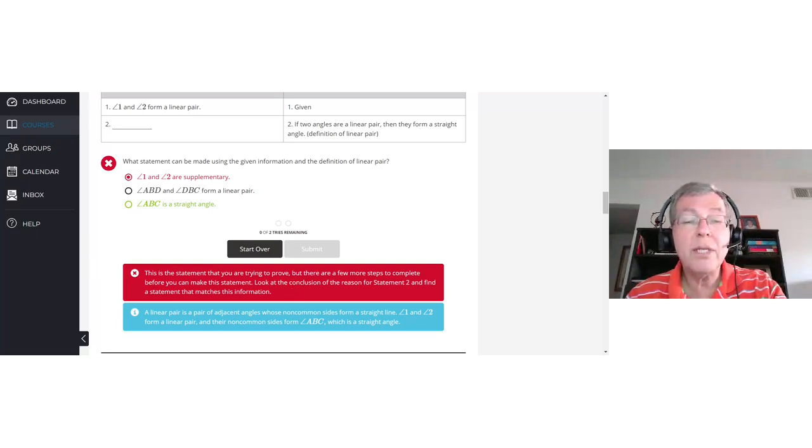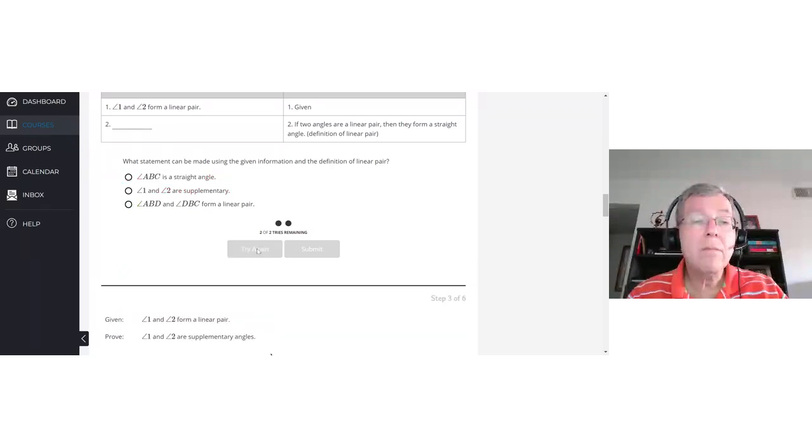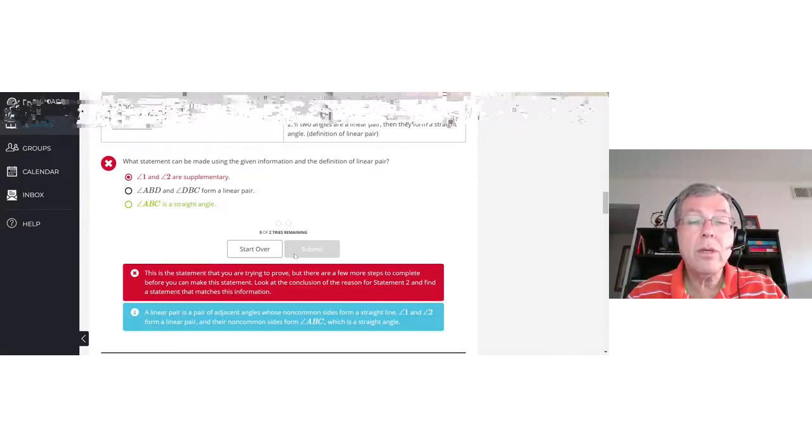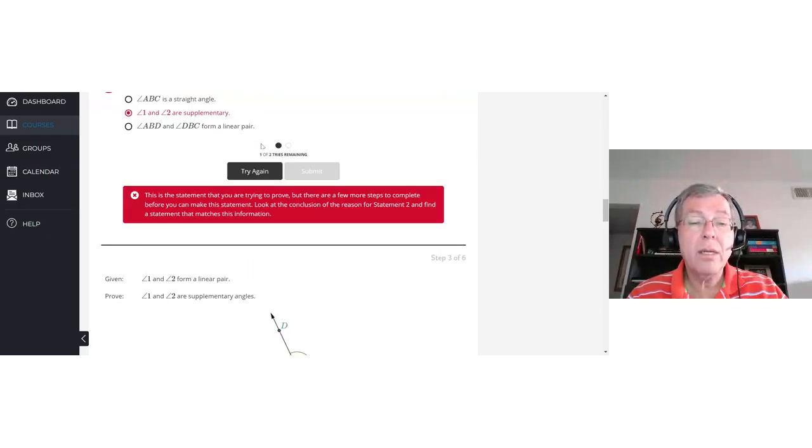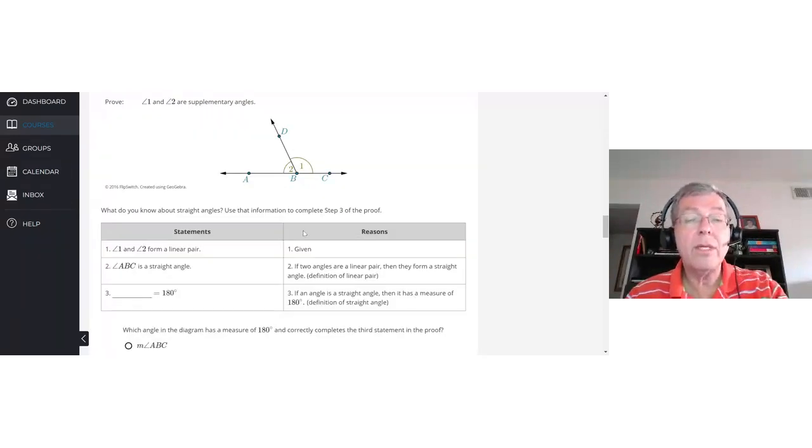Up here it also says this is a statement you are trying to prove. A linear pair is a pair of adjacent angles whose non-common sides form a straight line. 1 and 2 form a linear pair, and their non-common sides form a straight angle. So that's a daisy chain of logic. So we're going to go here. Oh, so it is a straight angle.